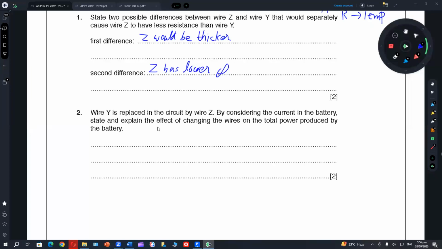Less resistance means it will dissipate less power.